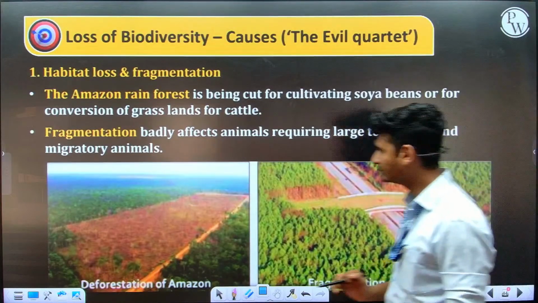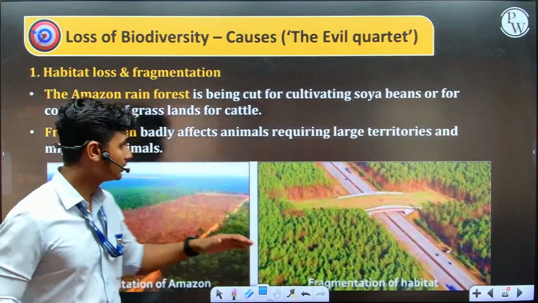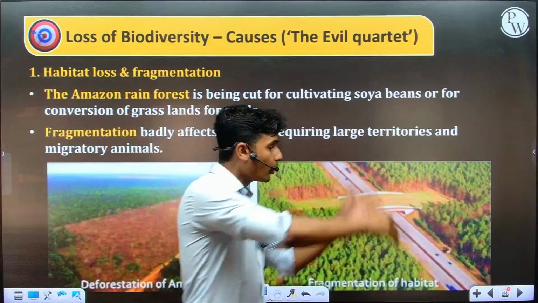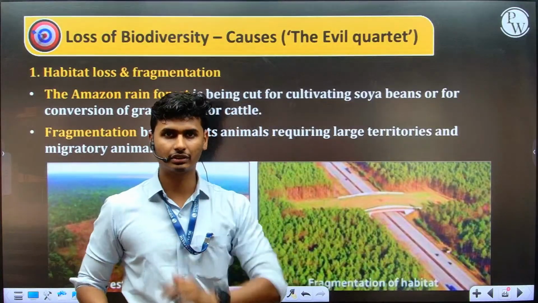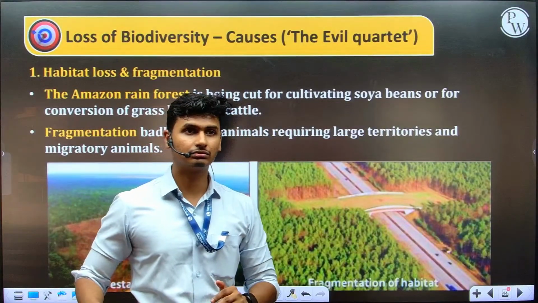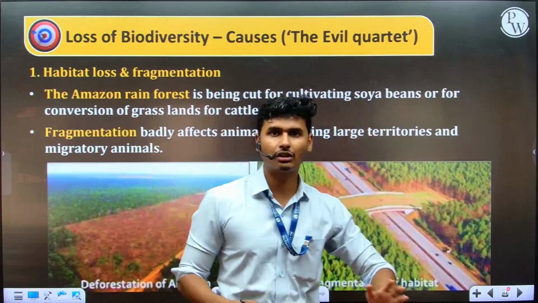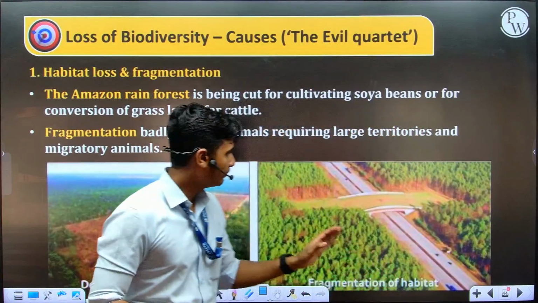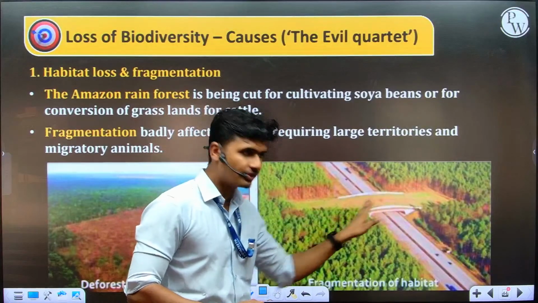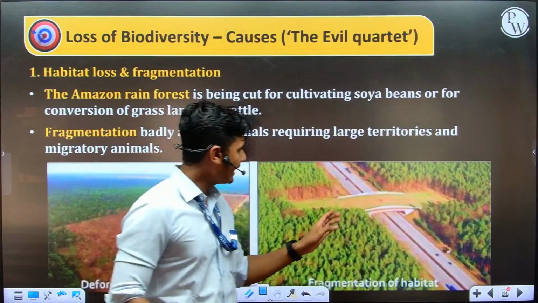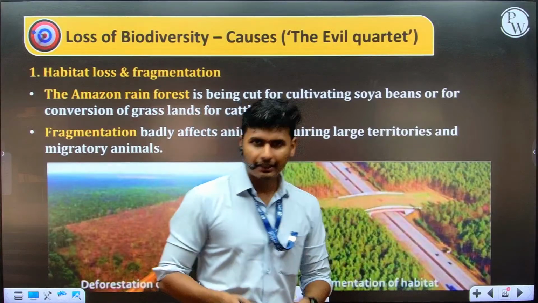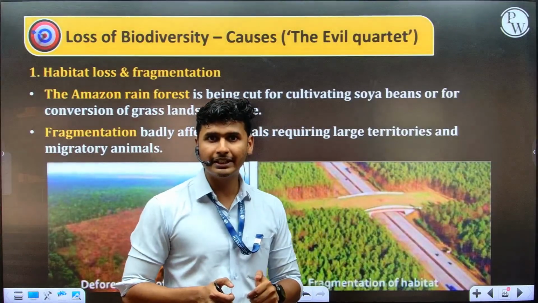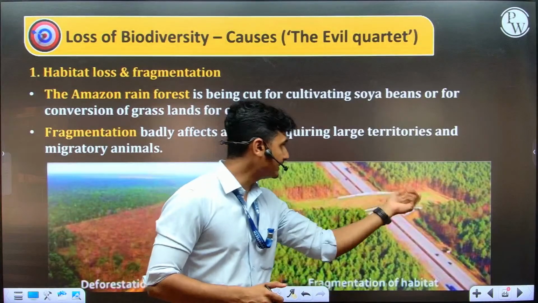What are we doing? We are making a road in between a jungle or forest. And what the government or people think is that by making overbridges, animals can easily go from one side of the forest to the other. Does the animal have Google Maps with it? Can it easily find this overbridge?